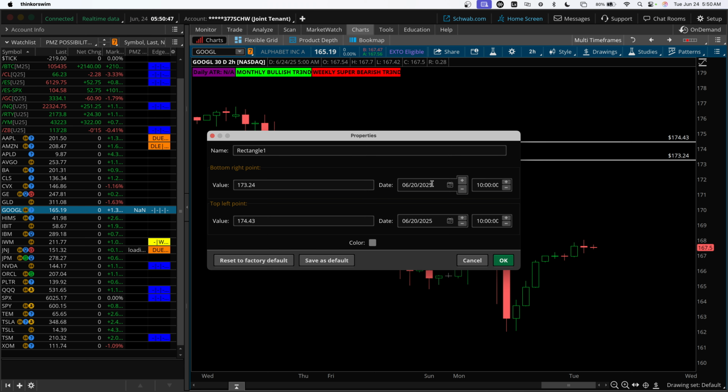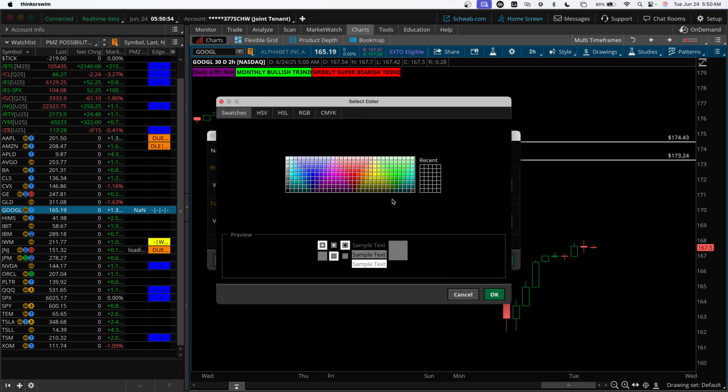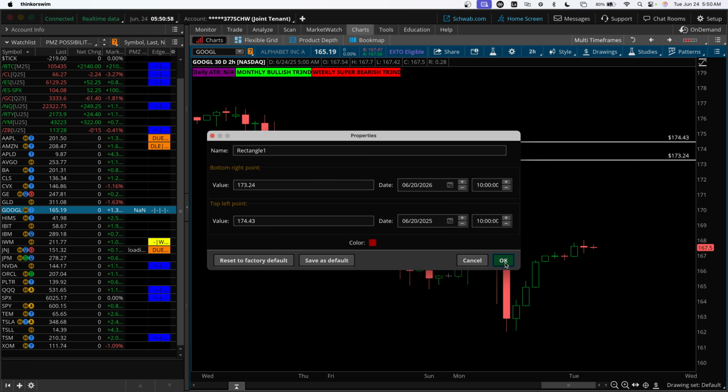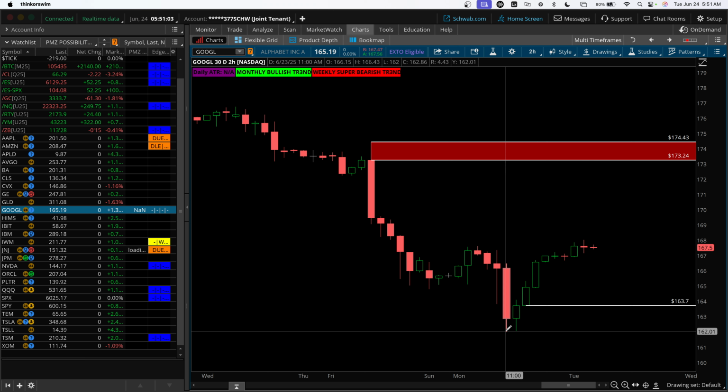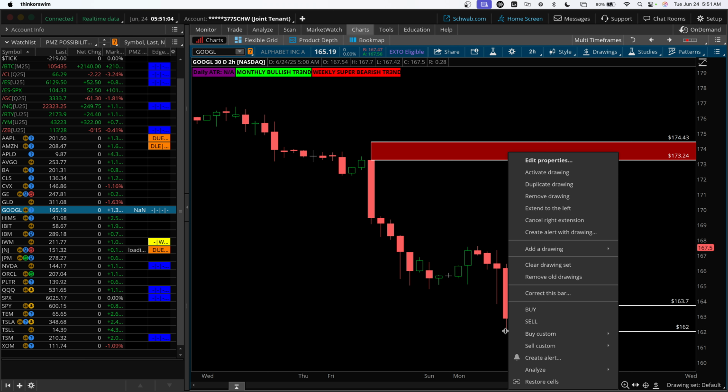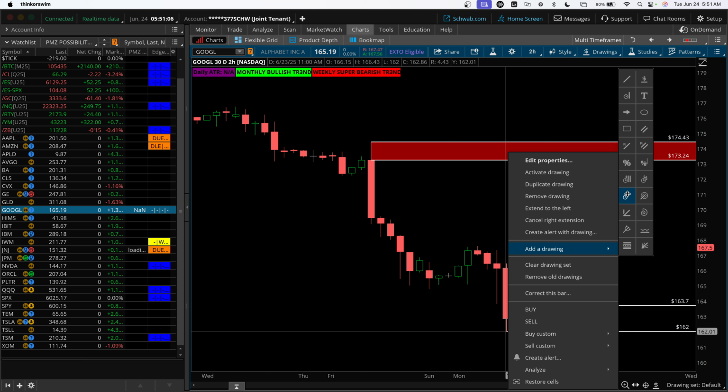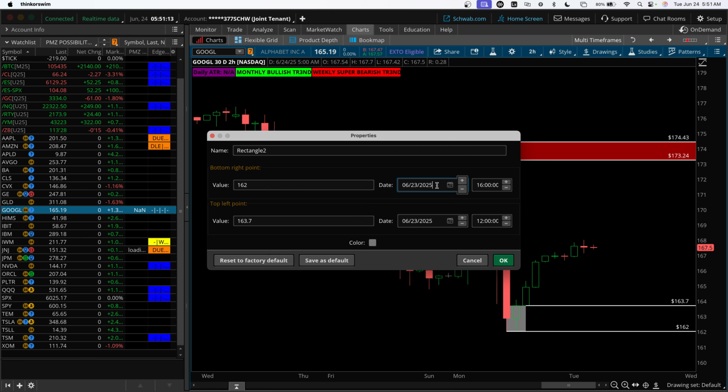And I'm going to color that zone red. And then I want to find my downside target or my demand zone on this 2-hour chart. And I want to color that zone green. So now for a day trade tomorrow in Google, I would have an upside target and a downside target.